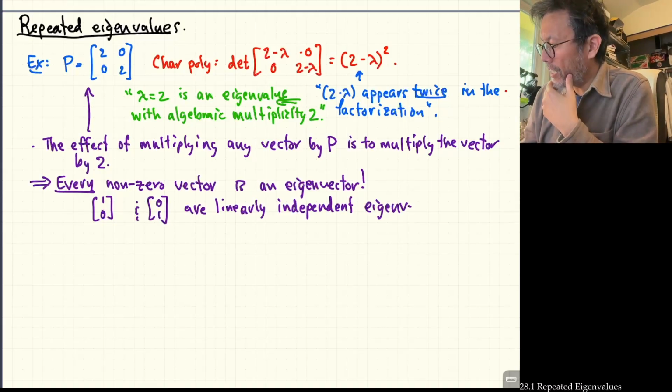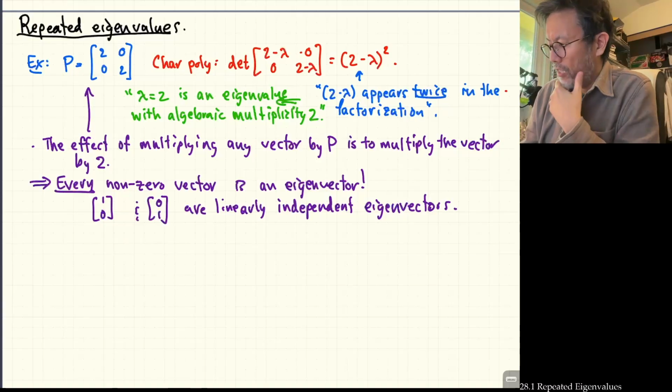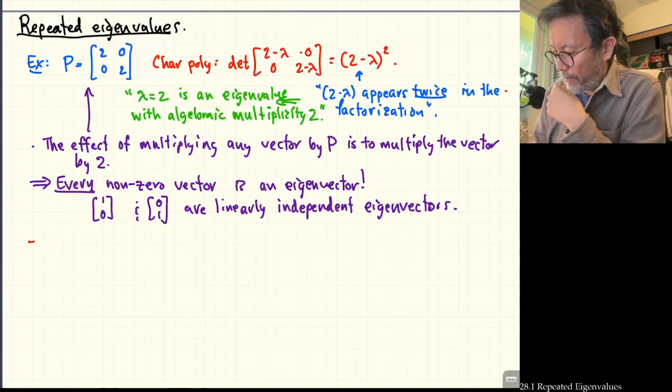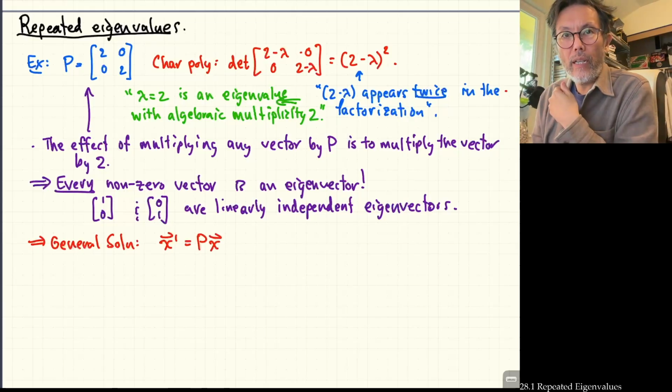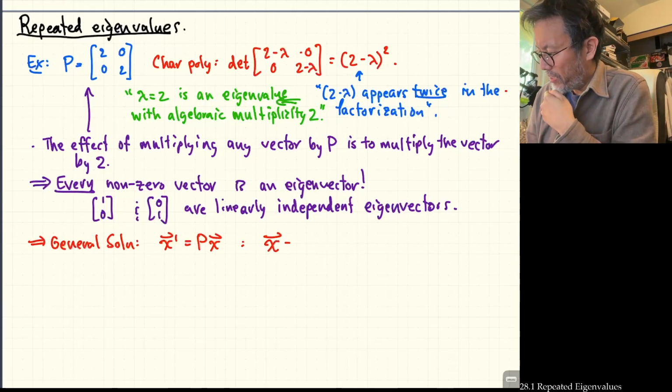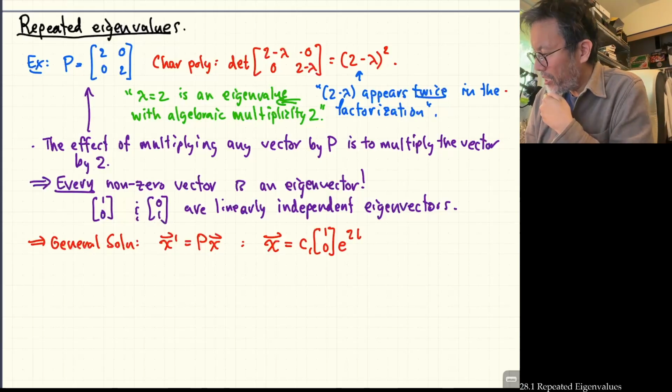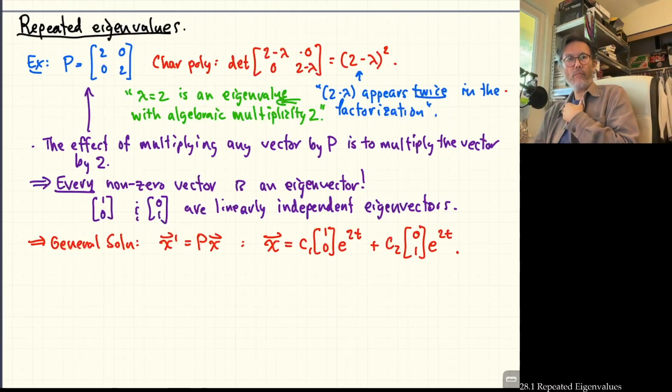And this makes writing down a solution very easy now. If we want to write down the general solution to the system x prime equals P times x, this is going to be given by x is equal to c1 times 1, 0 times e to the 2t plus c2 times 0, 1 times e to the 2t. Okay?